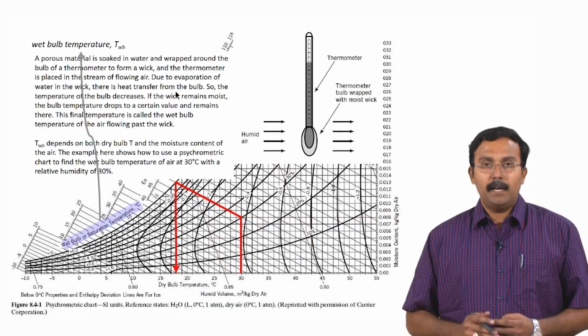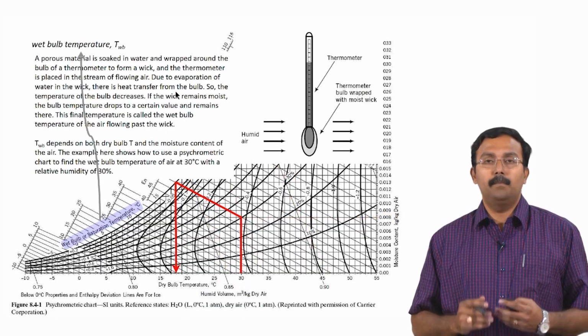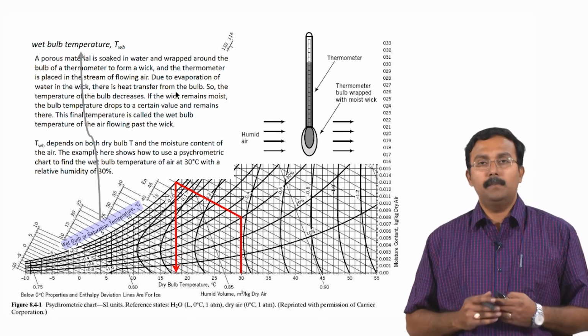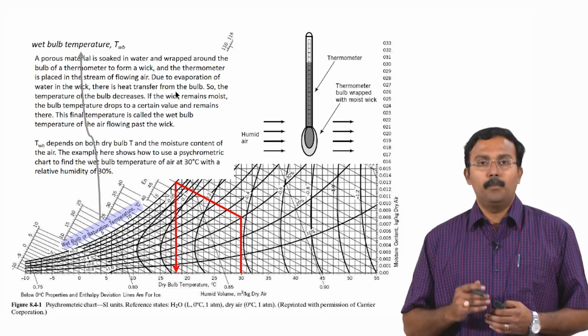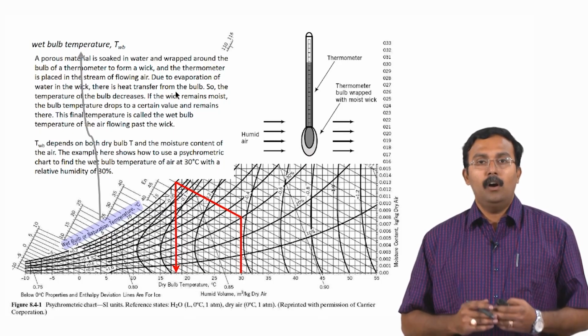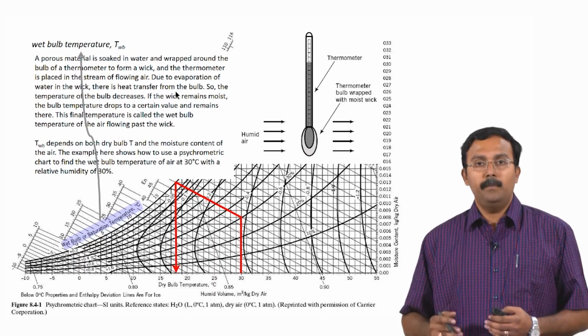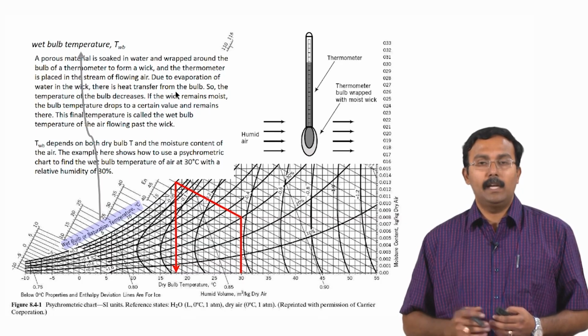This gives us an idea as to how to perform these calculations. Another parameter which is shown here and described here is called the wet bulb temperature. What is the wet bulb temperature? The definition is given here. A porous material is soaked in water and wrapped around the bulb of a thermometer to form a wick, and the thermometer is placed in the stream of flowing air.